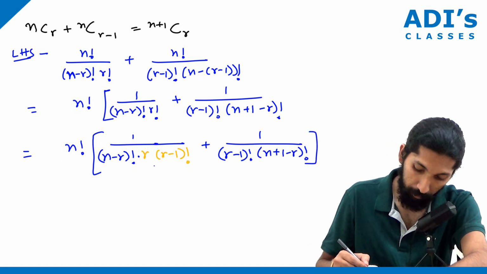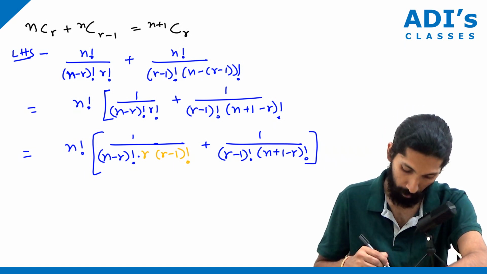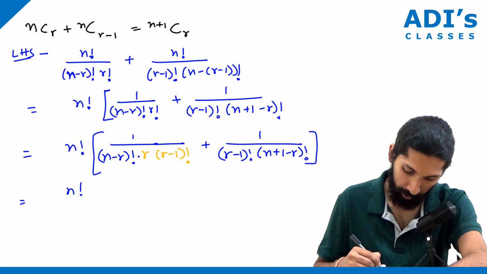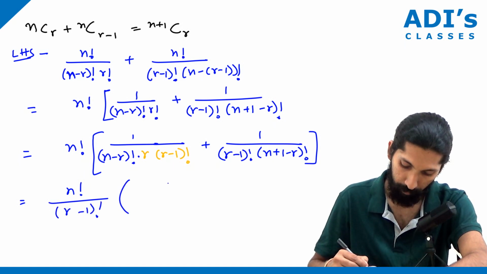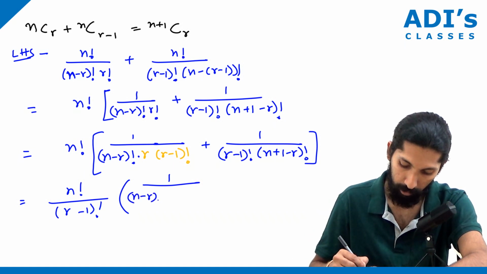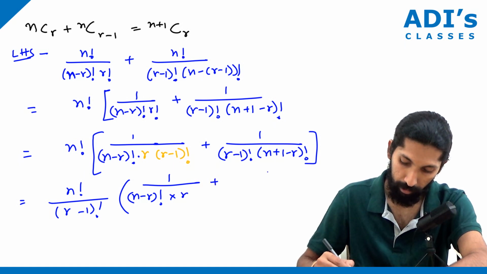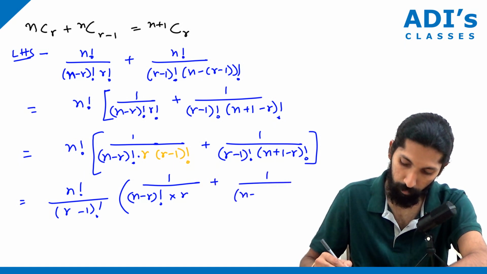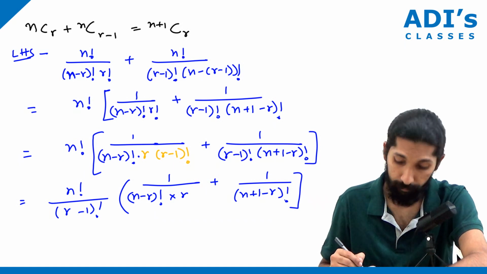Now we can take r minus 1 factorial as common, right? So you get n factorial by r minus 1 factorial, 1 by n minus r factorial into r plus 1 by n plus 1 minus r factorial. Fair enough? This is what we have.